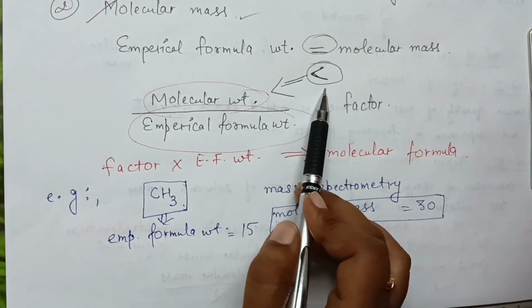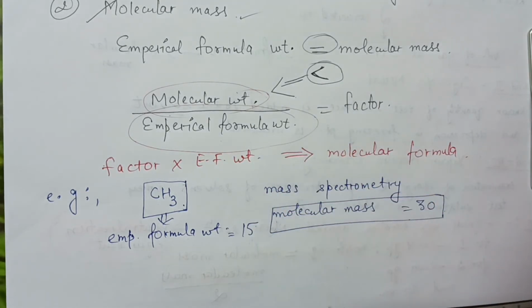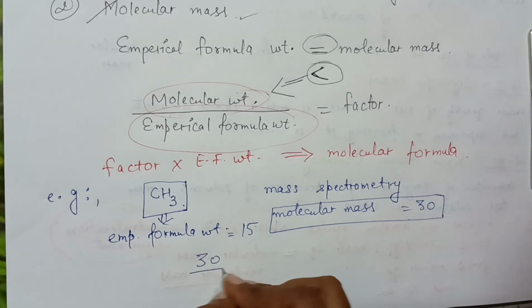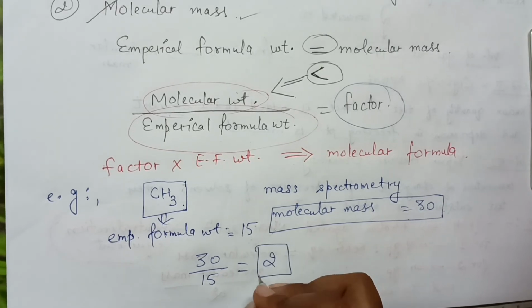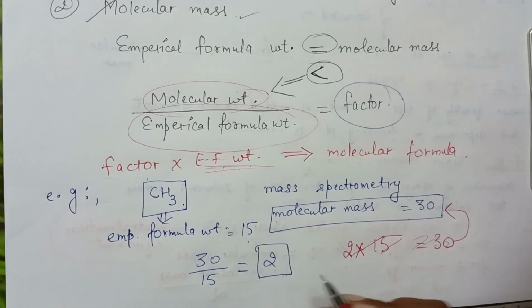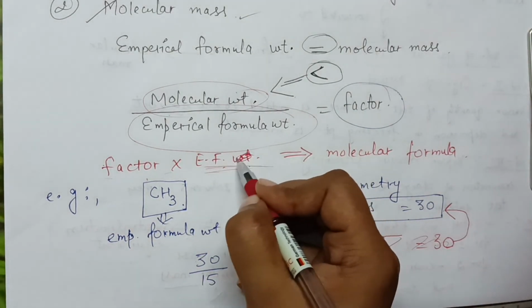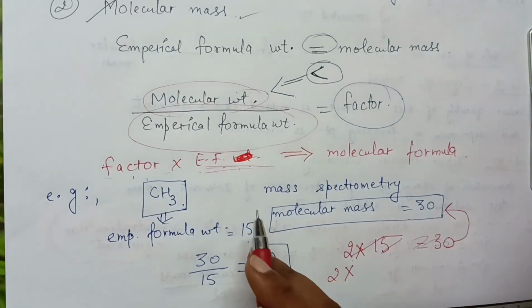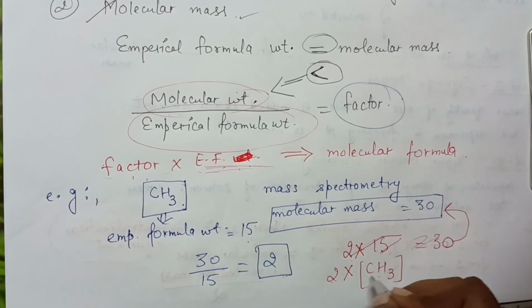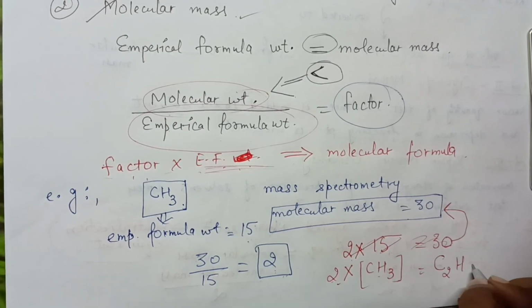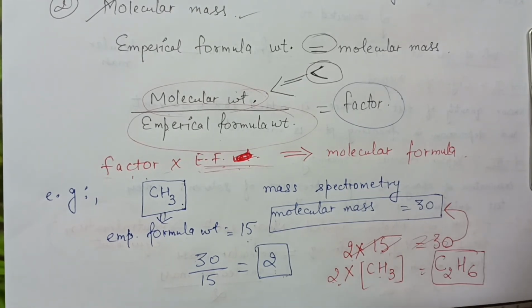So we divide 30 by 15 and get a factor of 2. Multiply the empirical formula CH3 by this factor 2, and it becomes C2H6. So the compound is C2H6.